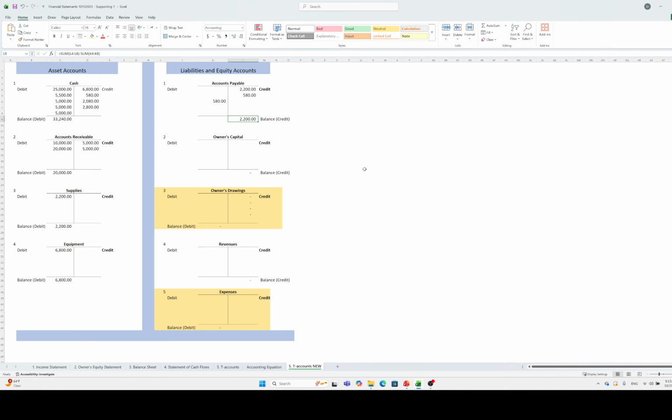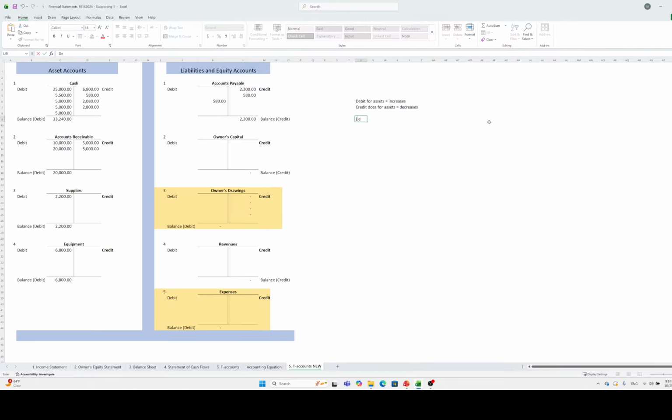Sometimes an error happens, and you want to make sure that you understand. So what debit does for assets, just remember this, it increases. What credit does for assets, it decreases.